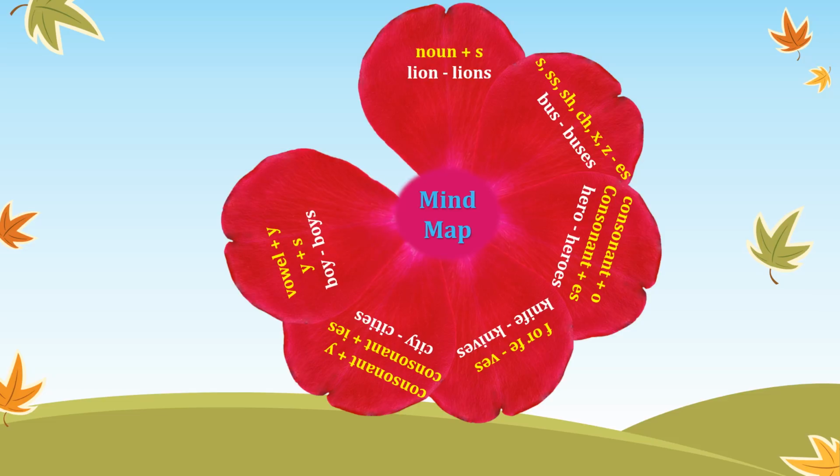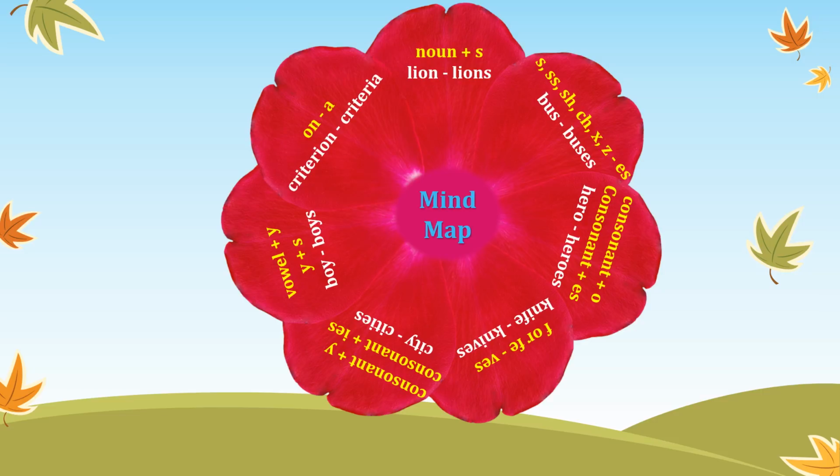Rule number 6. Just see if your noun is ending with y and before y you have a vowel. You don't have a consonant. Then in that case, y will not get cut. We just have to put s and your noun will become plural. For example, boy will become boys.